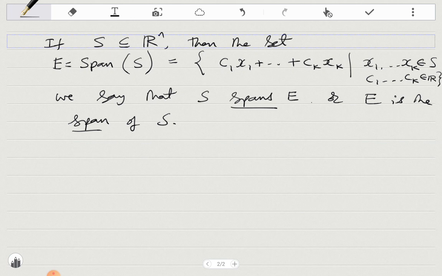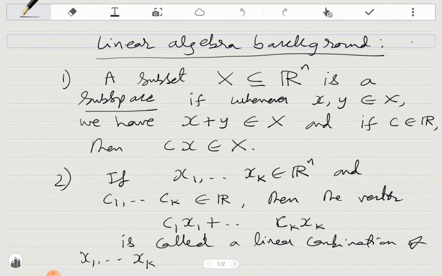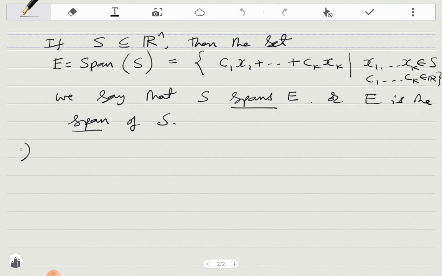All right. Then the next thing is the concept of linear dependence and independence of vectors.